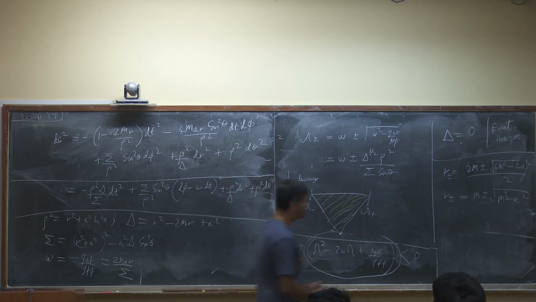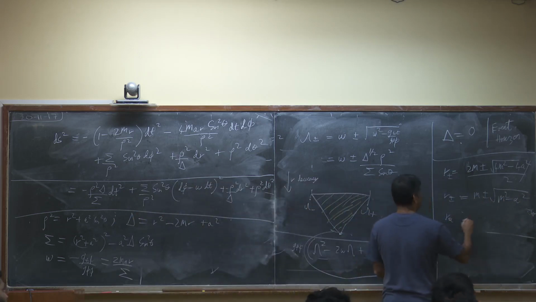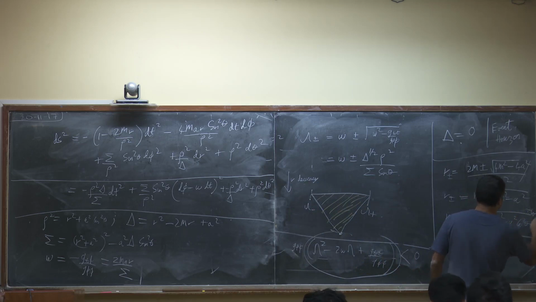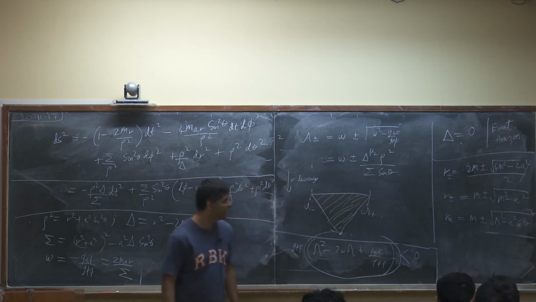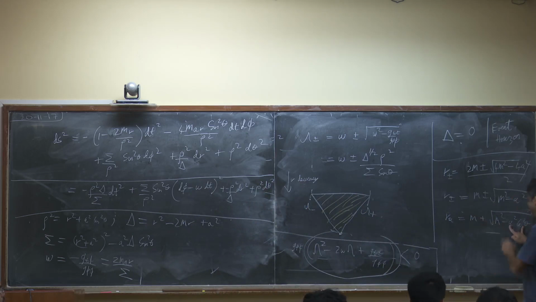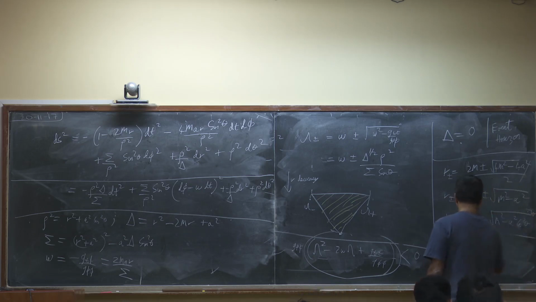Let us compare this expression to RSL, which was m plus minus the square root of m squared minus a squared cos squared theta. Notice that this quantity is always smaller than this, but since it comes with a minus sign, it means that RSL is always greater than or equal to r plus.